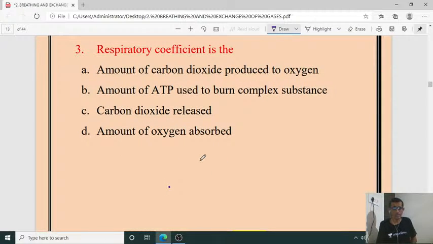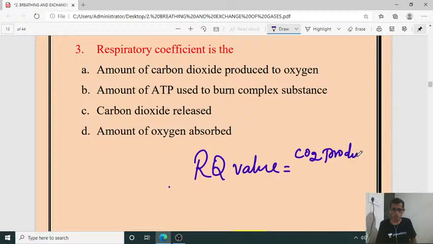Next, what is the respiratory coefficient or RQ value? The third question: the amount of carbon dioxide produced to oxygen utilized.